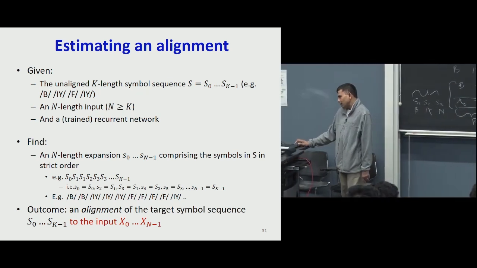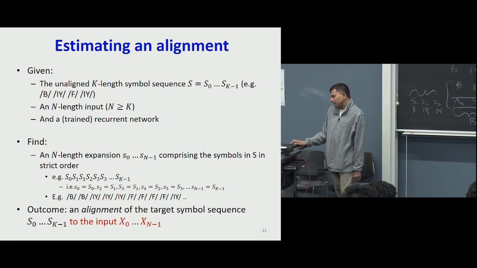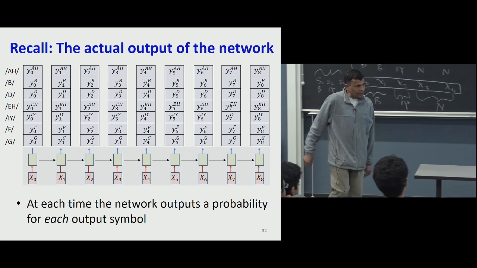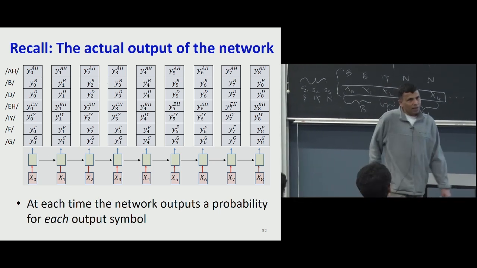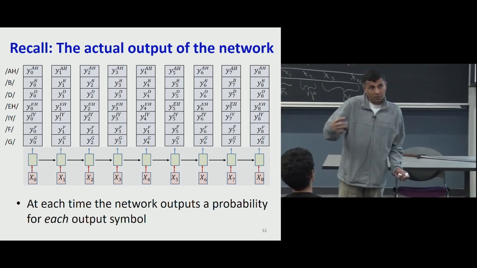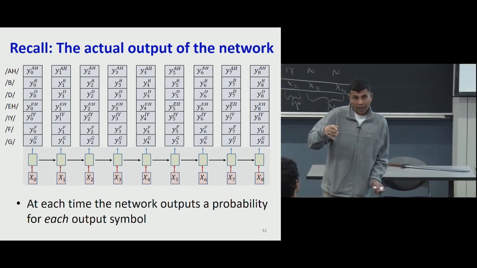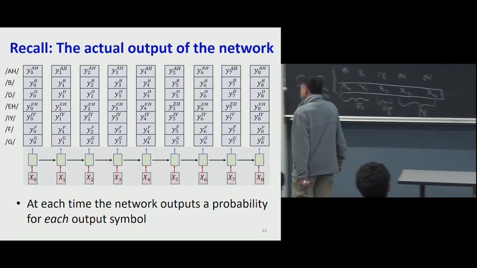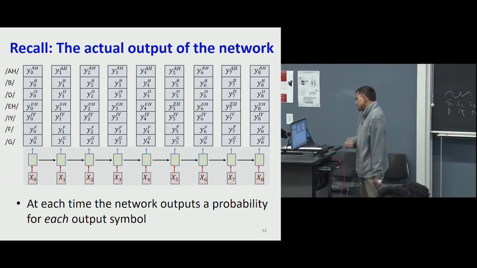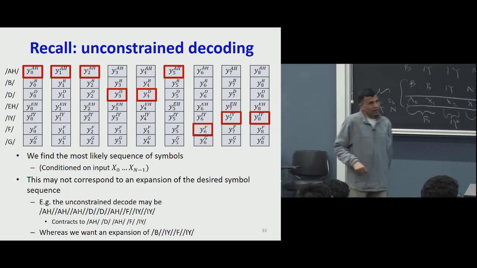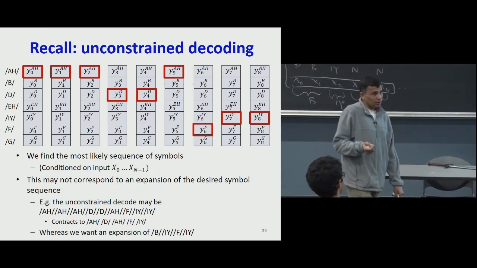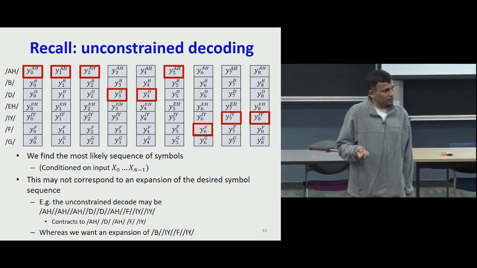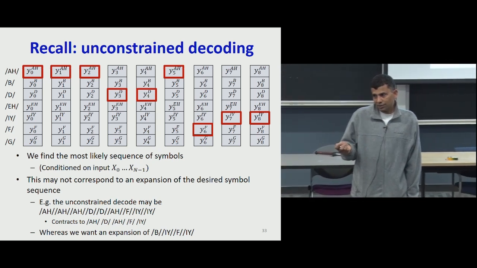Now here's a trivial way of trying to do this. Let's say I've trained my model. I could just compute the output probability table. I'm going to get probabilities for every symbol at each time. And then I can just pick the most likely output at each time, and I can call this my alignment. Will this work? Anyone?